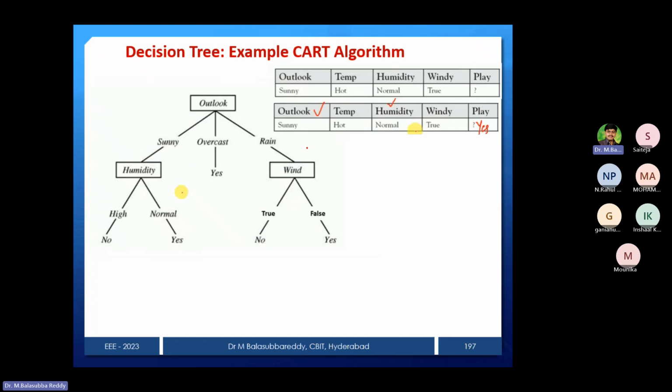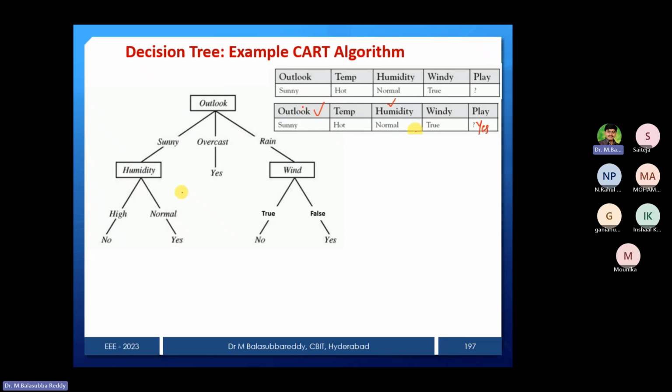Then what is your answer? That's what I have to write here. You can see outlook is sunny, and humidity is normal. Then we can say your answer is yes, we got the leaf node. So this is the way we have to identify.